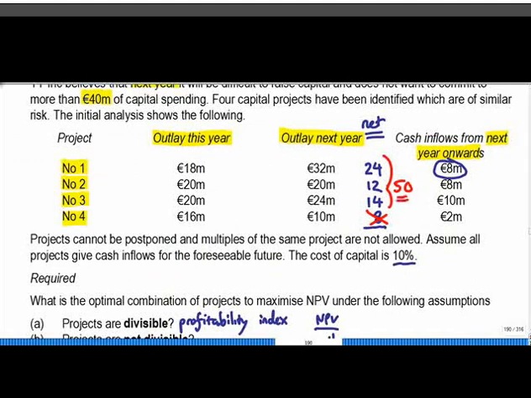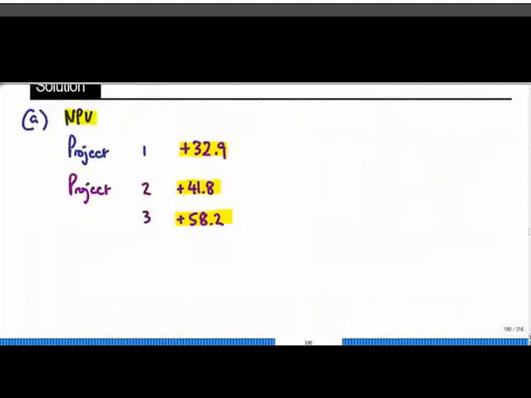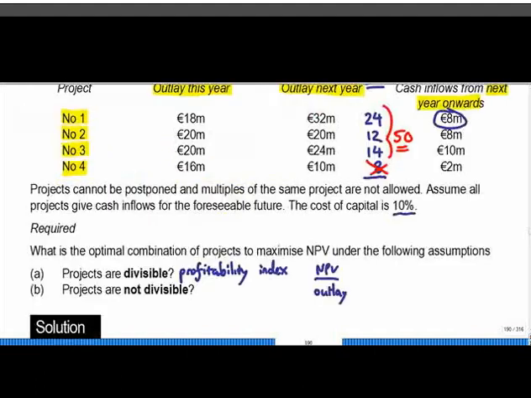So for the remaining projects, we're going to take the NPV and divide by the outlay, but it's going to be the outlay in the year in which we have the capital rationing problem, and this is next year. So project number 1, what's our outlay next year? Well, we already know it's the 32 million net of the 8 million, so it's 24.